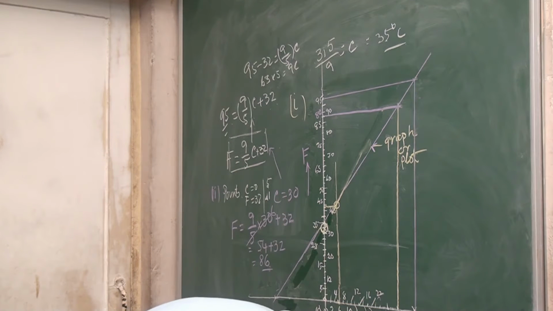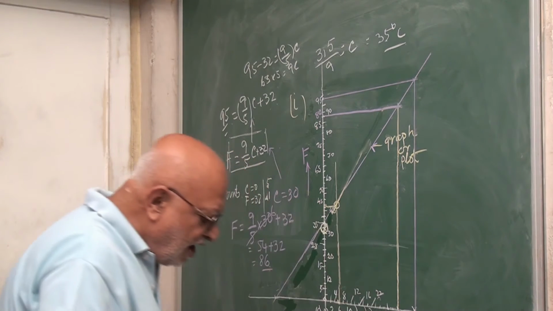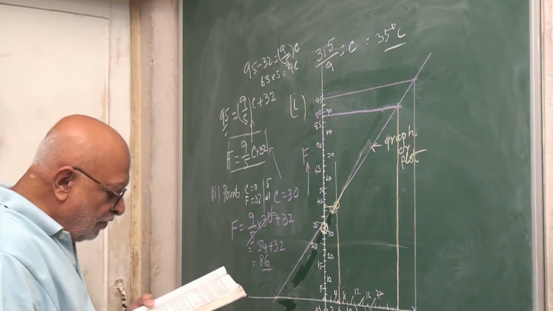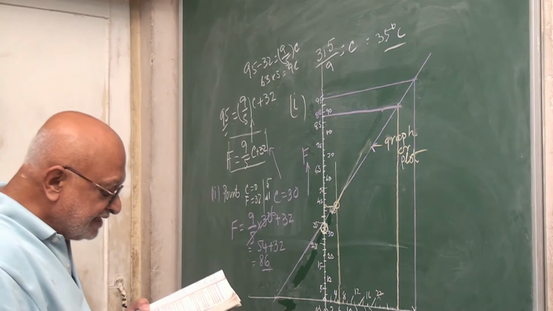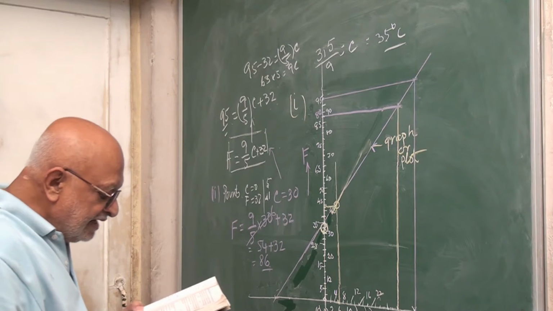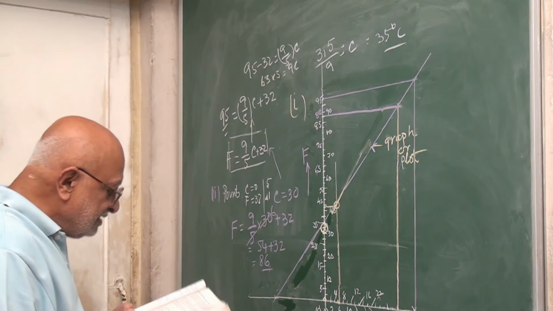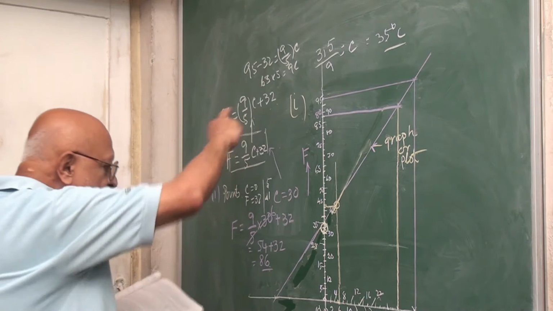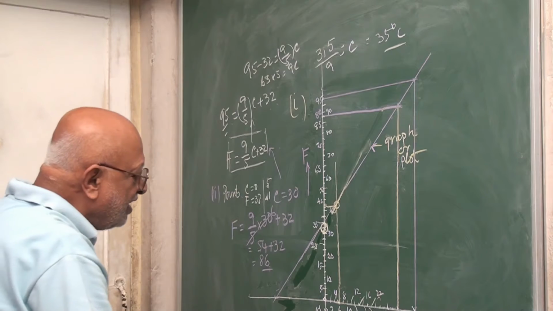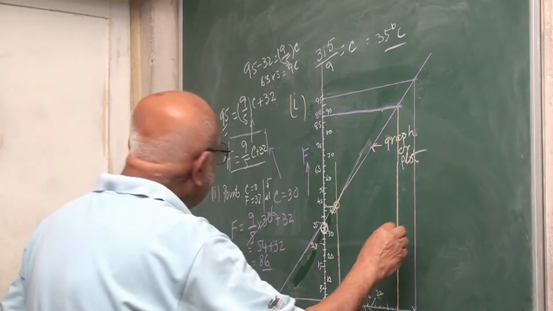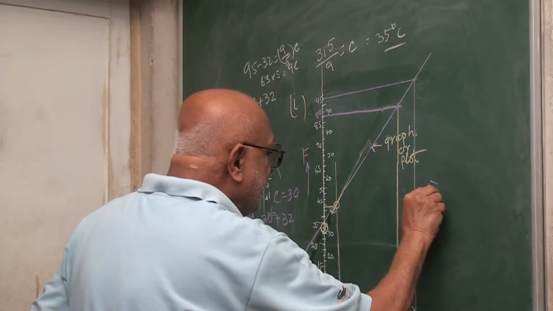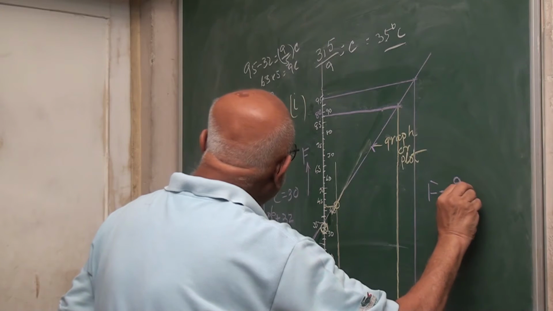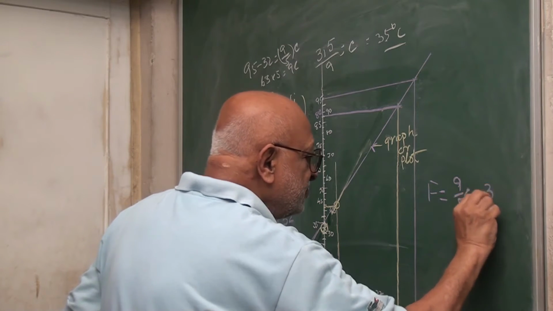This is third. Now, if the temperature is 0 degrees centigrade, what is the temperature in Fahrenheit? So if C is equal to 0, we have already plotted a graph. It will be 32. Why? Because F is equal to 9 by 5 C plus 32.